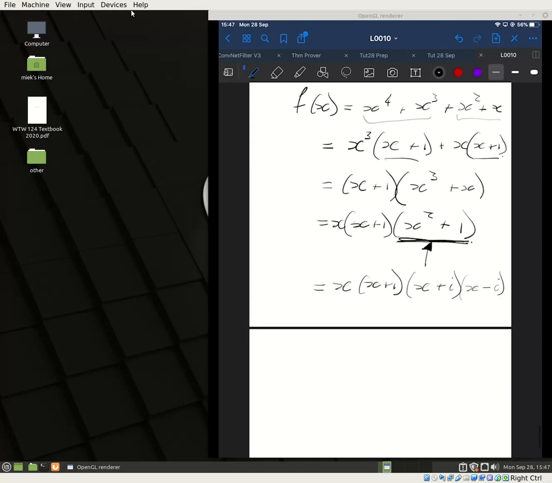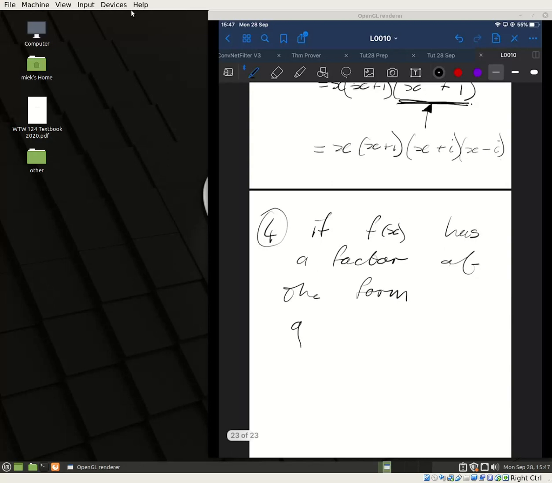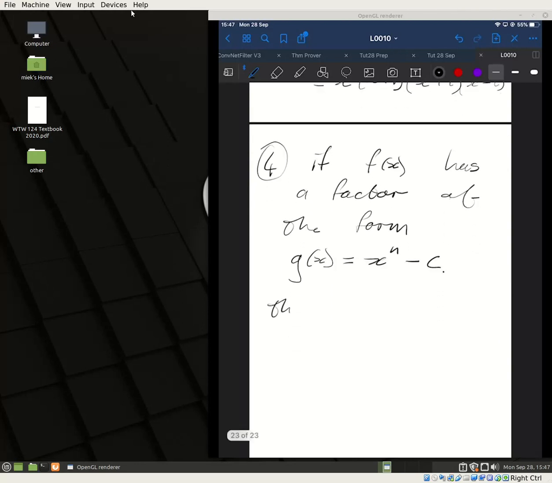But this factor has a special form, and that brings us to our fourth strategy. If f of x has a factor of the form g of x, with g of x equal to x to the n minus c, then of course what will be the roots of g?